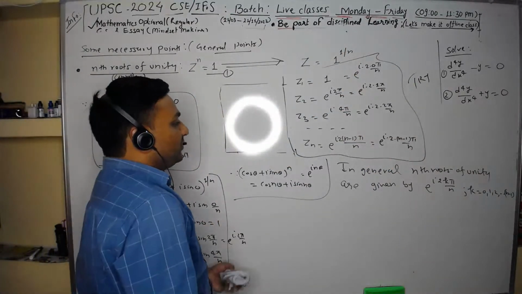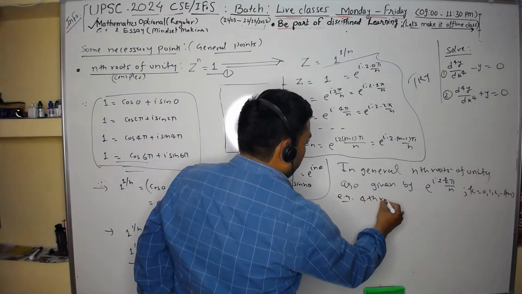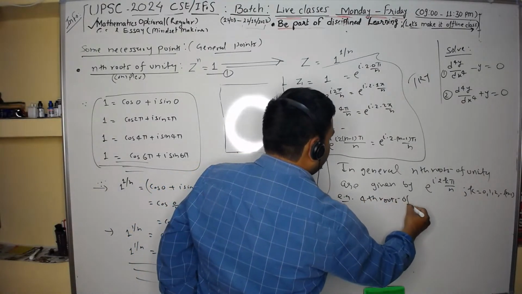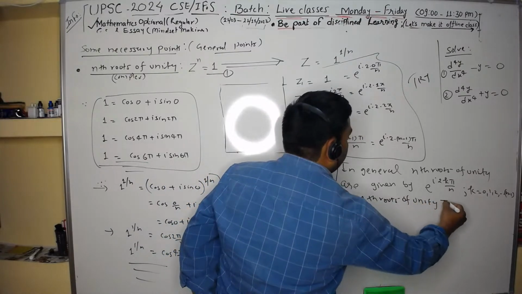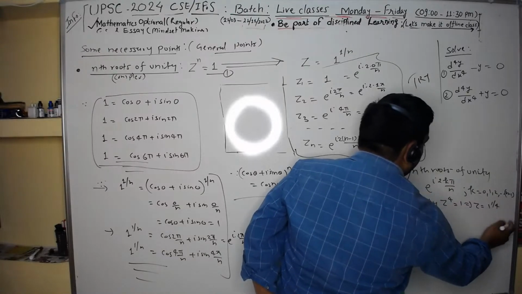So if someone asks, for example, fourth roots of unity, बोलिए क्या बनेगा? z raised to the power 4 is 1. This implies z equals 1 का power 1 upon 4.